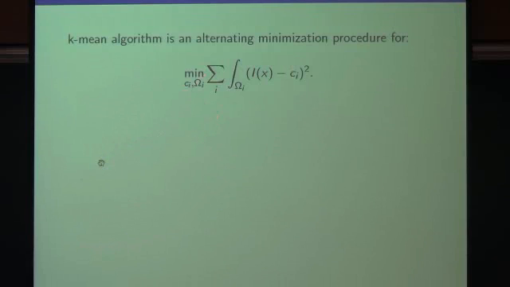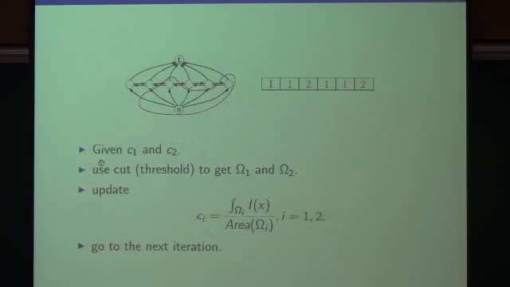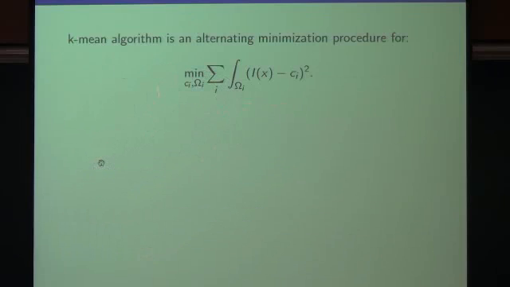For the multi-phase case, k mostly means how many clusters you choose. Here we only do it for two constants. If you do more constants, we see exactly that k-means is trying to minimize this one. You're just alternating between those two. So given Ci, find omega i, usually you find which constant is the nearest, and then once you get the omega i, you do the averaging.